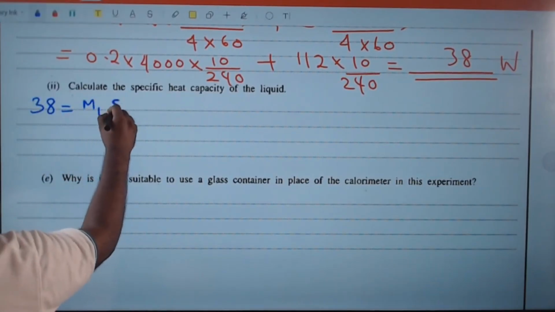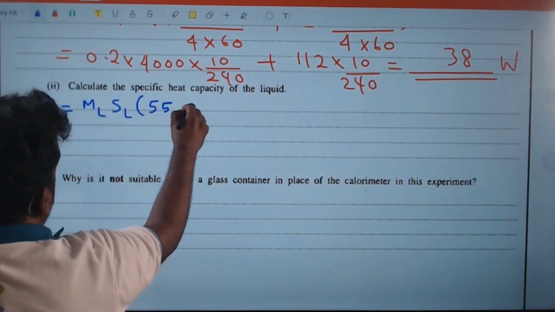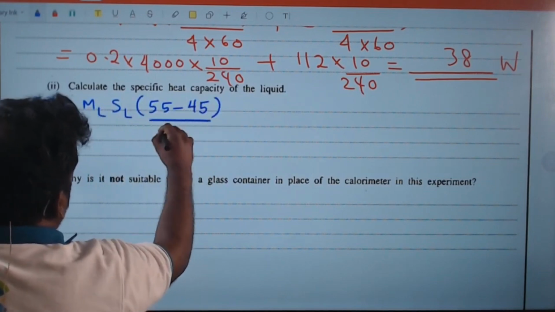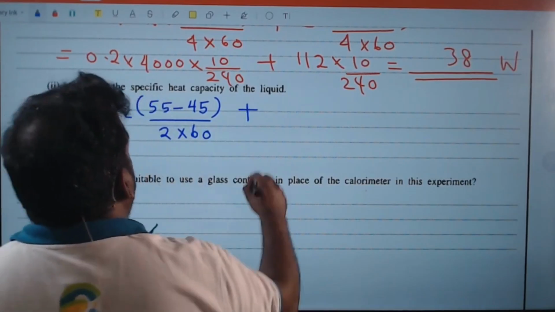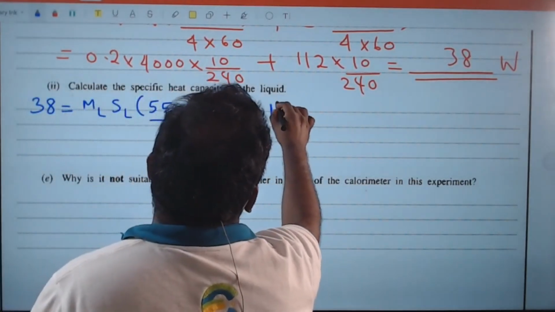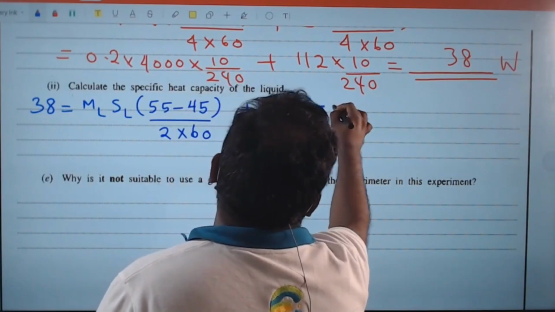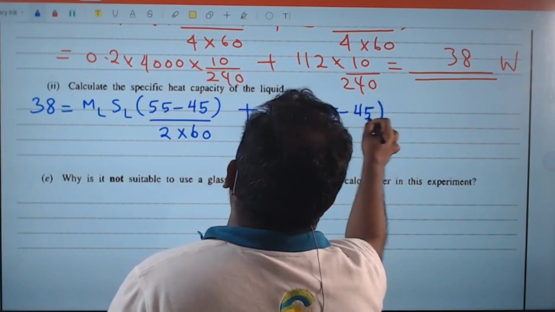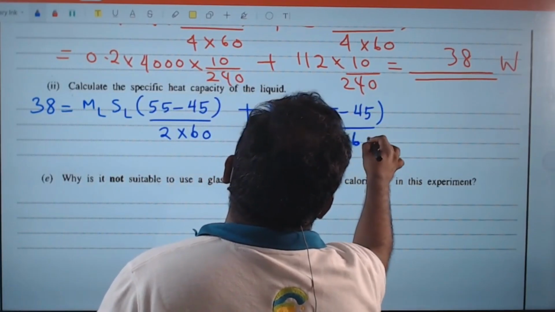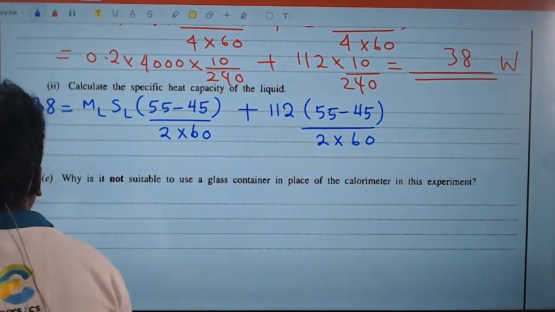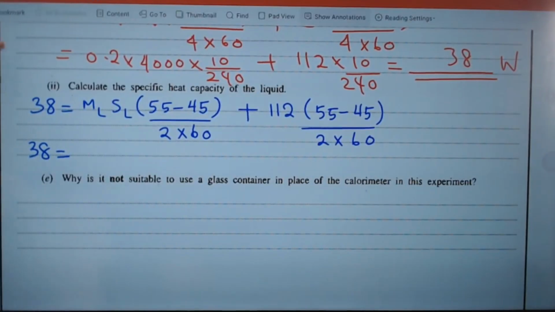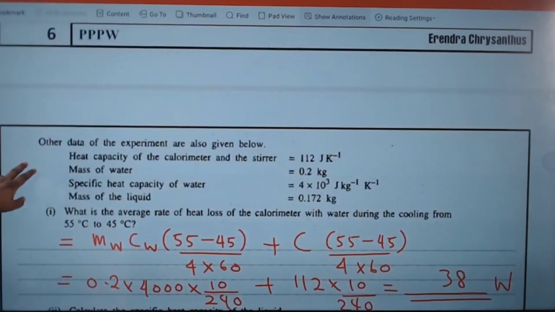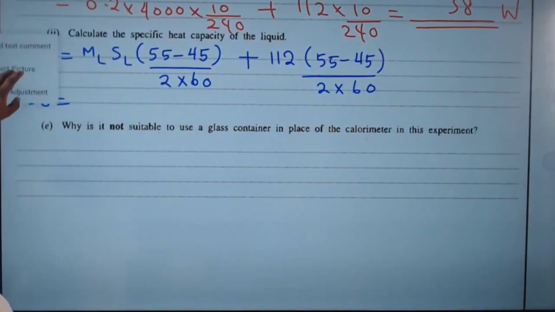Mass of liquid, specific heat capacity of liquid, 55 minus 45 divided by 2 minutes into seconds, plus C of vessel 112, 55 minus 45 divided by 2 times 60. Mass of the liquid 0.172.